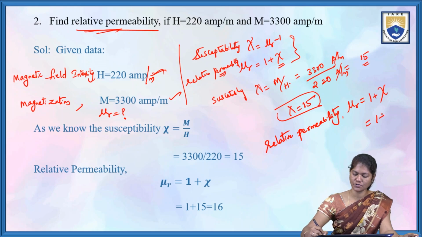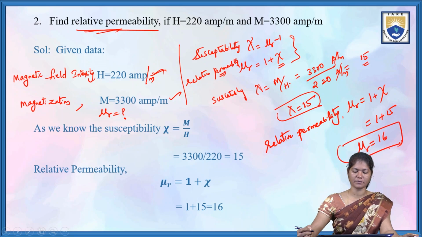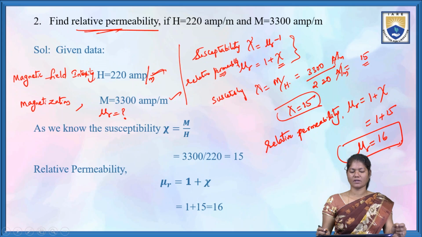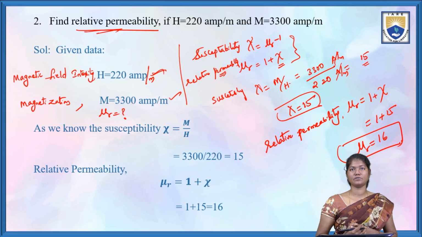So it is equal to 1 plus 15, which is equal to 16. This is the relative permeability value if H is equal to 220 ampere per meter and M is equal to 3300 ampere per meter.